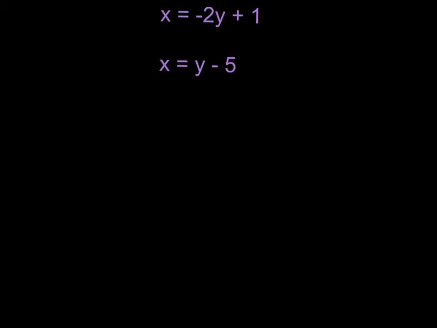Alright, so our next set of equations, they're not in slope-intercept form, but they're both solved for x. You have x equals negative 2y plus 1, and x equals y minus 5. And we're going to substitute one equation in for the other. Because x equals negative 2y plus 1, we can substitute that in for the x in the other equation.